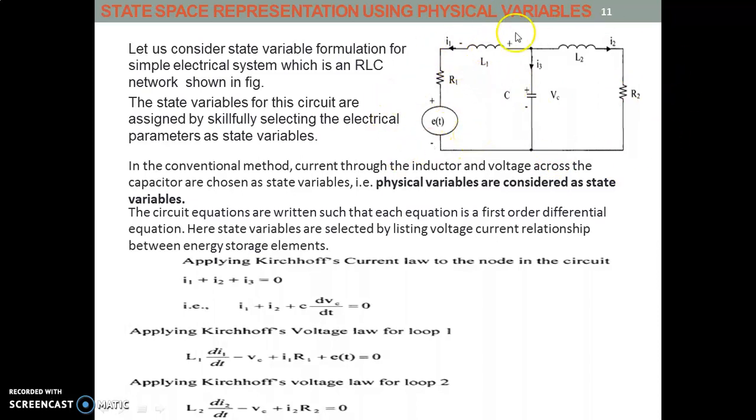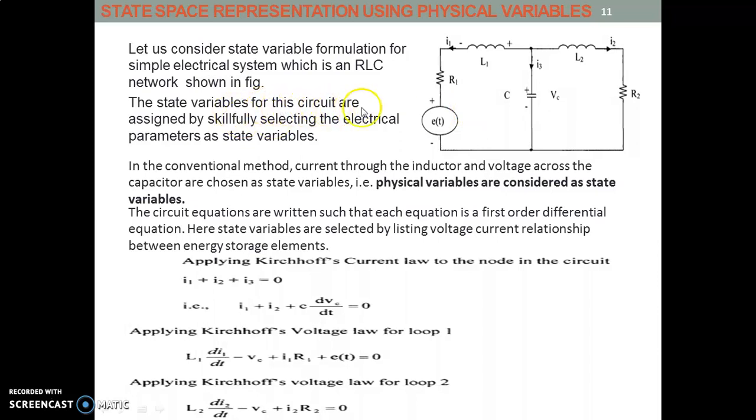Here, this is the network figure. Active elements aside, all the remaining are passive elements: 2 inductors, 2 resistors and 1 capacitor. Here you have to find the state variables. You need to select them.